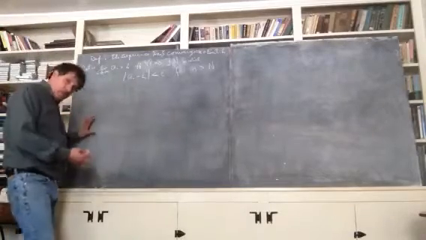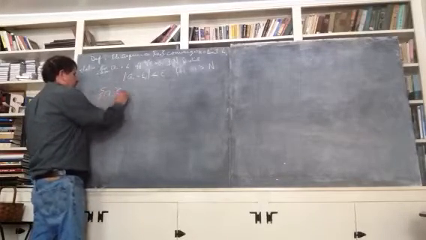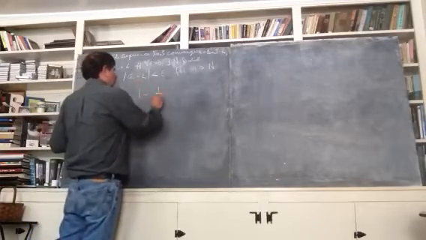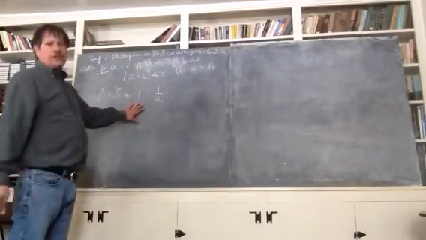I want to draw another picture of, say, this sequence. a sub n is the sequence 1 minus 1 over n.